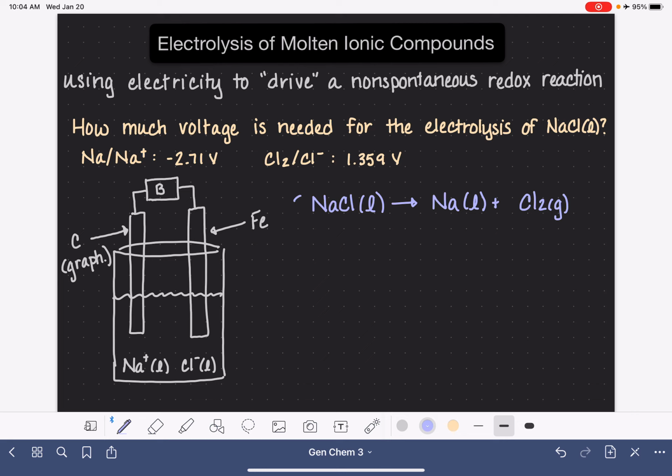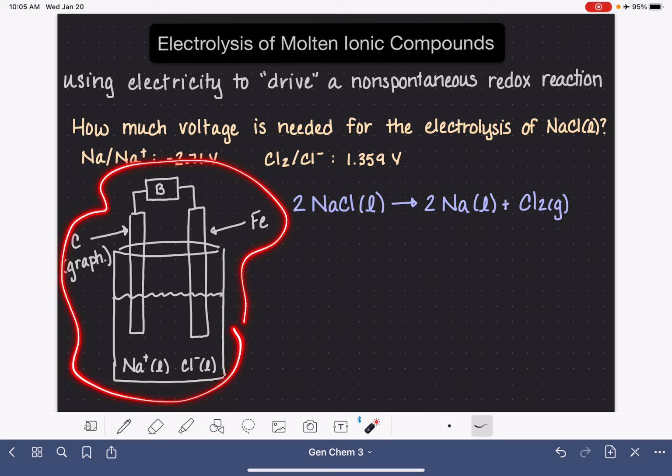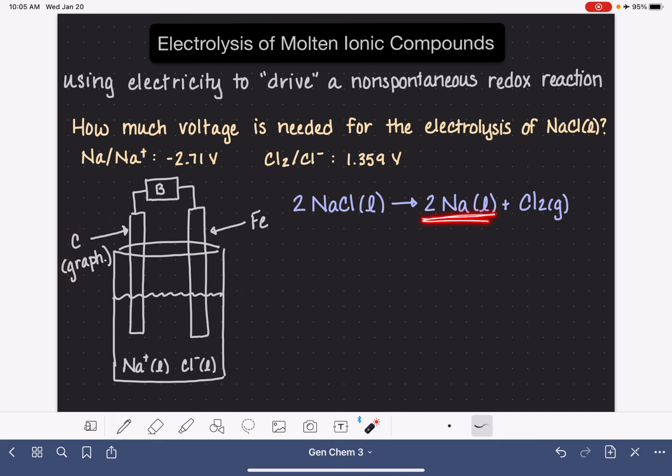Since we have two chlorines on the right, we need two chlorines on the left. That means we need two NaCl's on the left, and then we need two Na atoms on the right-hand side. So this is the overall redox reaction that's taking place. If you were to set this up at home, you would be creating sodium metal and chlorine gas. Watch out for that.